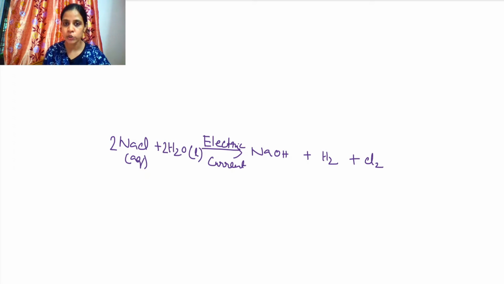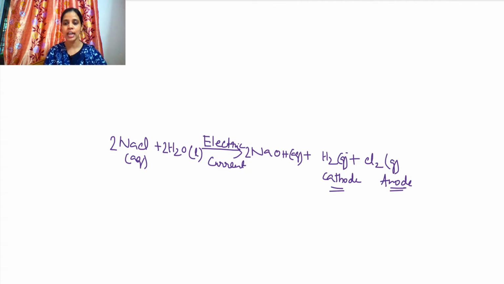Through this solution if we pass electricity we will get aqueous sodium hydroxide, and hydrogen as a gas and chlorine as a gas. From where do we collect hydrogen? We collect hydrogen from the cathode and chlorine from the anode. So through this brine solution, if we pass electric current, we get sodium hydroxide, hydrogen and chlorine.